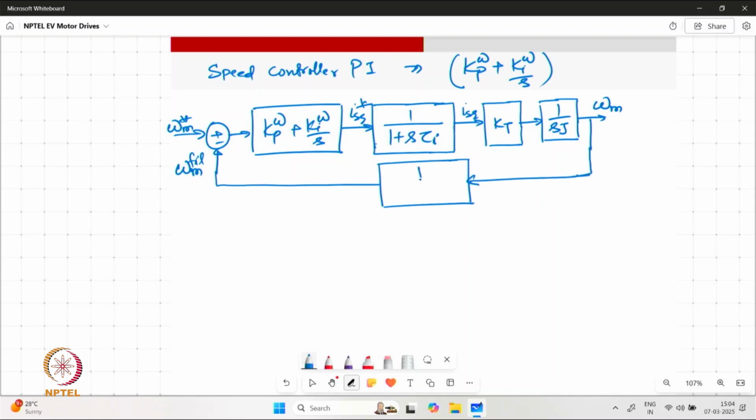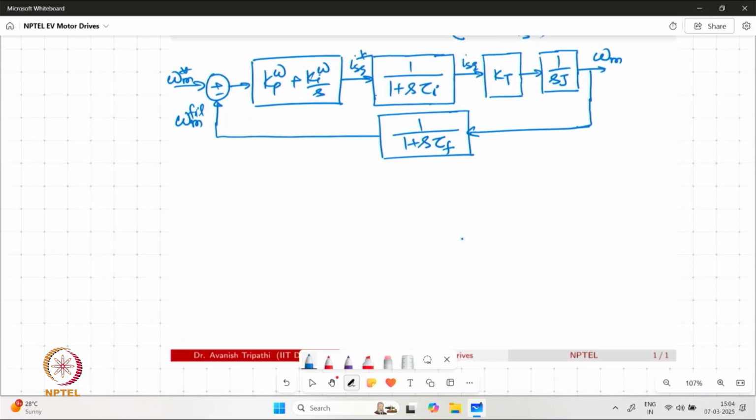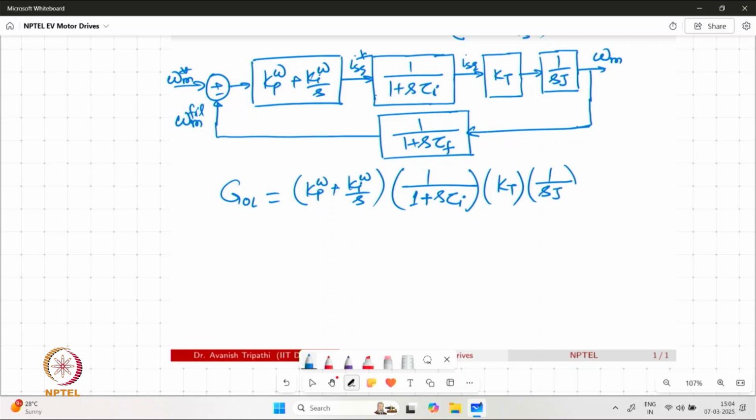In the feedback path, we have considered a first order filter which can be represented by 1 by 1 plus S tau F. Now, if we write the open loop gain for this control loop, it has the controller, the plant of the closed current control loop, the mechanical model for the machine, and also the filter which is going to be present in the feedback path.